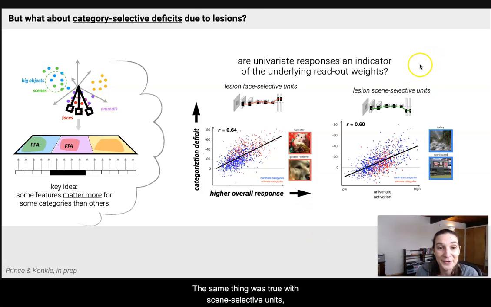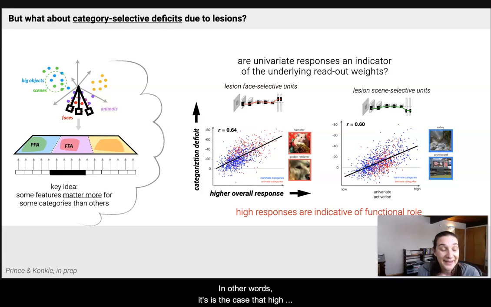The same thing was true with scene selective units, where the categories that showed the highest response were scene and big object categories like valley and scoreboard, and those also showed the biggest hit in categorization accuracy after the lesion. In other words, it is the case that high responses are indicative of functional role.